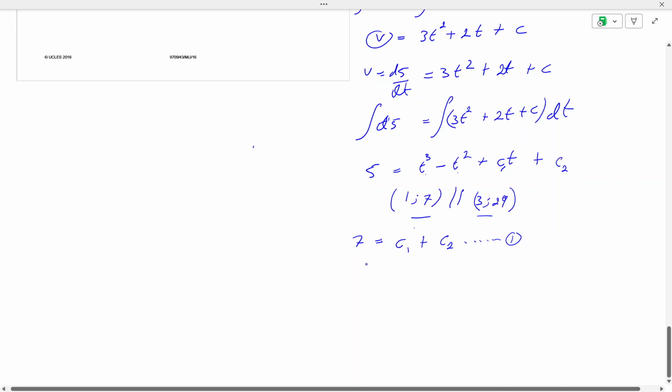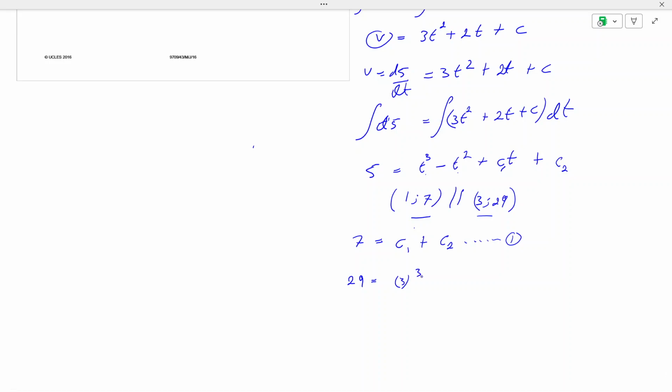When I do so, I'll get 29 is equal to 3 minus 3 squared plus c1 3 plus c2, right? And then I'll simplify. I'll get 3c1 plus c2, all of it is equal to 11. Then that's equation 2, right?